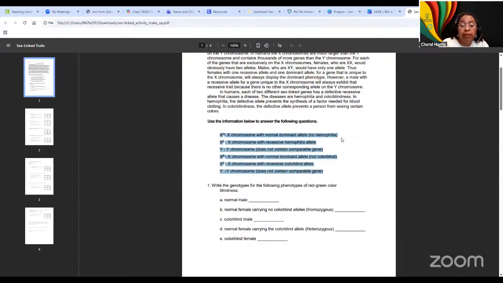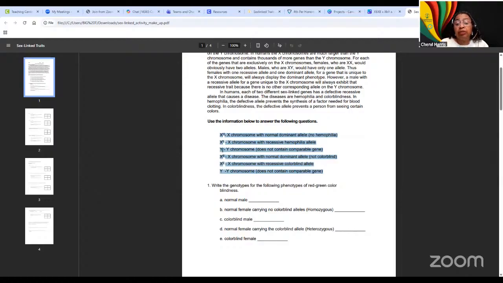Okay. This second one on here has a lowercase h. The lowercase h is because hemophilia is a recessive characteristic. So we're going to write it like that. So if one X has the lowercase h and the other one does not have anything on it, then this person will have hemophilia.